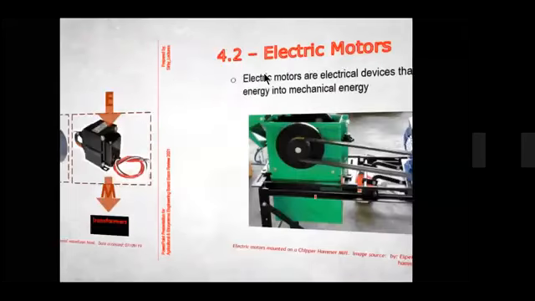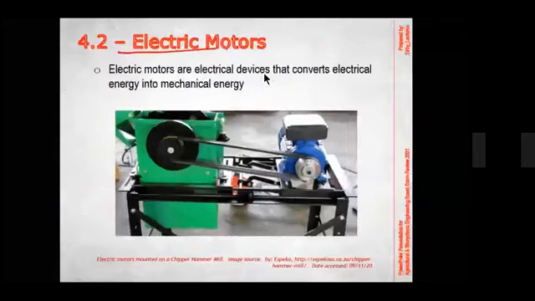Now let's get into the details of electric motors. Electric motors are electrical devices that convert electrical energy into mechanical energy, and we often find these in driving processing equipment. Such as this one, and I'm thinking that this is a hammer mill.